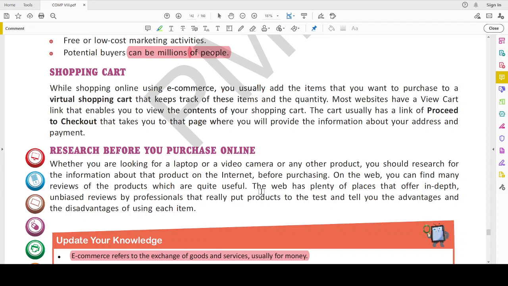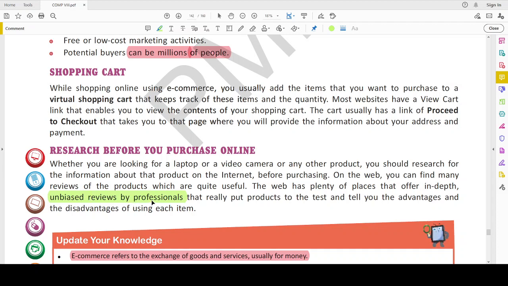The web has plenty of places that offer in-depth, unbiased reviews by professionals that really put products to the test and tell you the advantages and disadvantages of using each item. See, unbiased reviews by professionals. Now this is almost nil or very rare when you go to a shop.